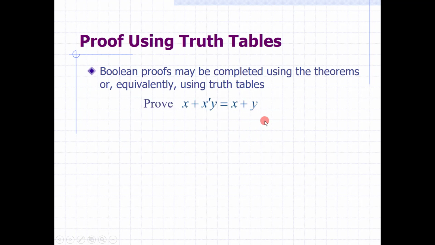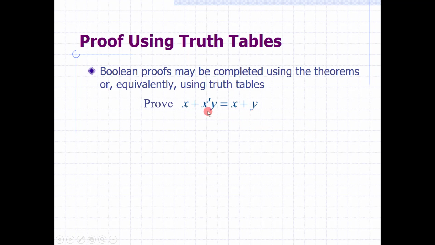I have a little expression here where I have x or not x and y, and someone tells me it equals x or y. Now that's a nice simplification. It would be nice to take this complicated expression and be able to simplify it to the expression on the right side. And that's where we're headed with this.